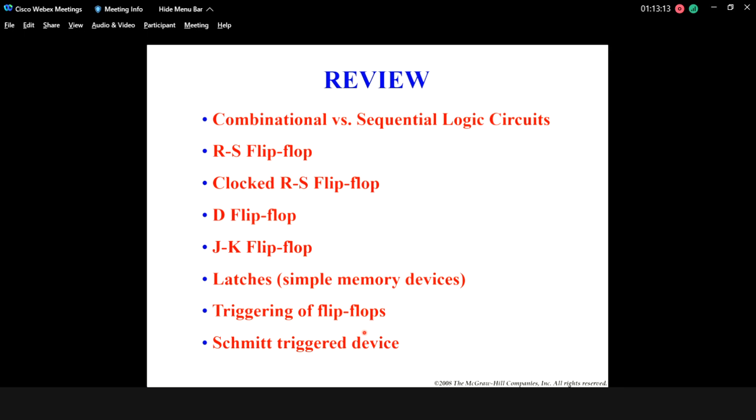I will give you the input in terms of waves, and each wave will go to each input position of PS, clear, JK, and clock. What will be the output at Q and Q bar? That is for JK.